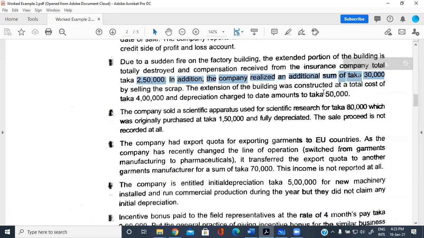The extension of the building was constructed at a total cost of taka 400,000, and depreciation charged to date amounts to taka 50,000. In that case, how much is the written down value? 350,000.